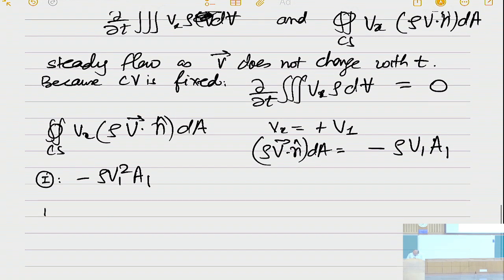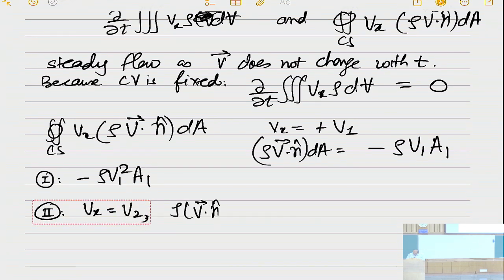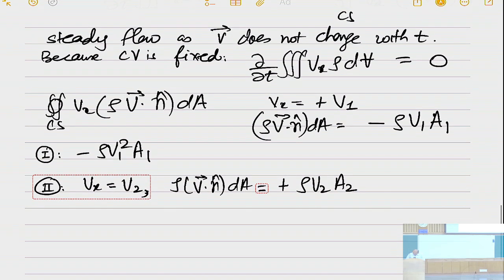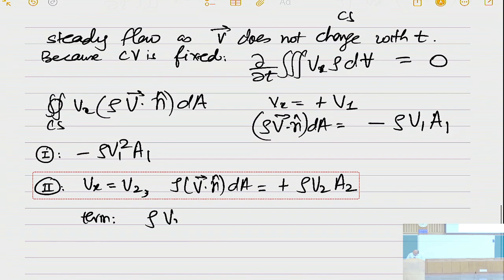On surface 2, Vx is equal to V2, rho V dot n dA is equal to plus rho V2 A2. So the term becomes rho V2 square A2.